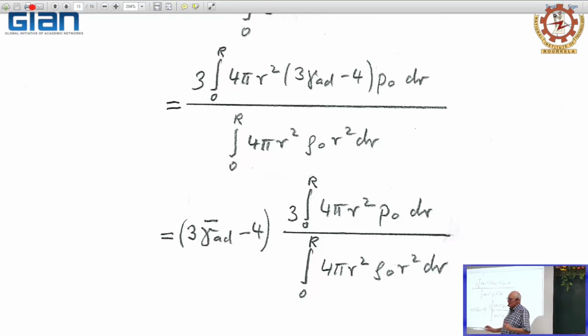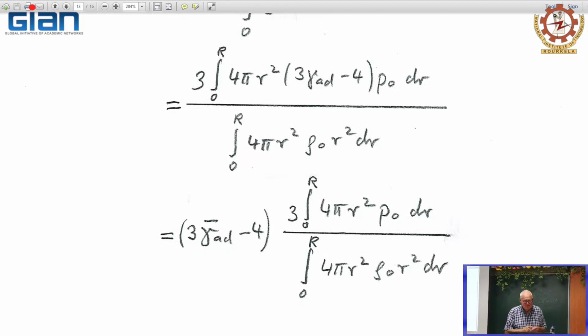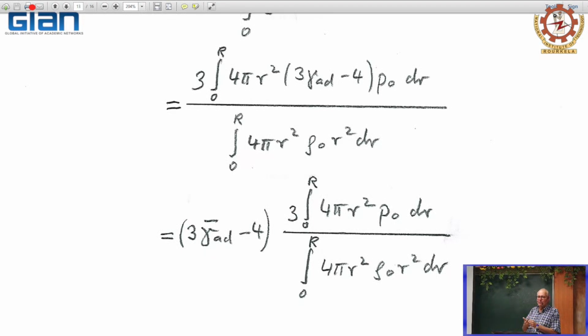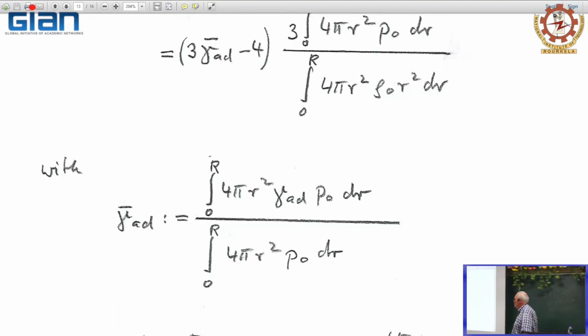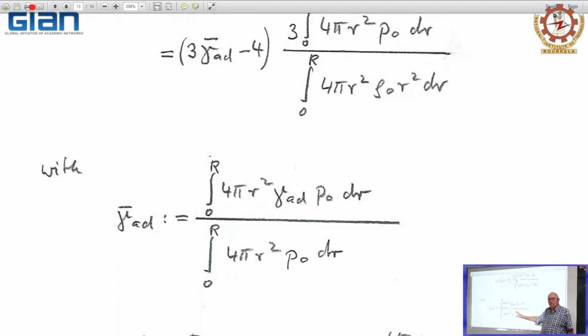So whether sigma naught squared is smaller or bigger than 0 is controlled by the mean of the adiabatic index. Mean means the volumetric pressure-weighted mean over the entire star. In this mean, which part will dominate in determining the mean value of gamma? Well, the weight function is the pressure. Where the pressure is high, this domain gets the highest weight.